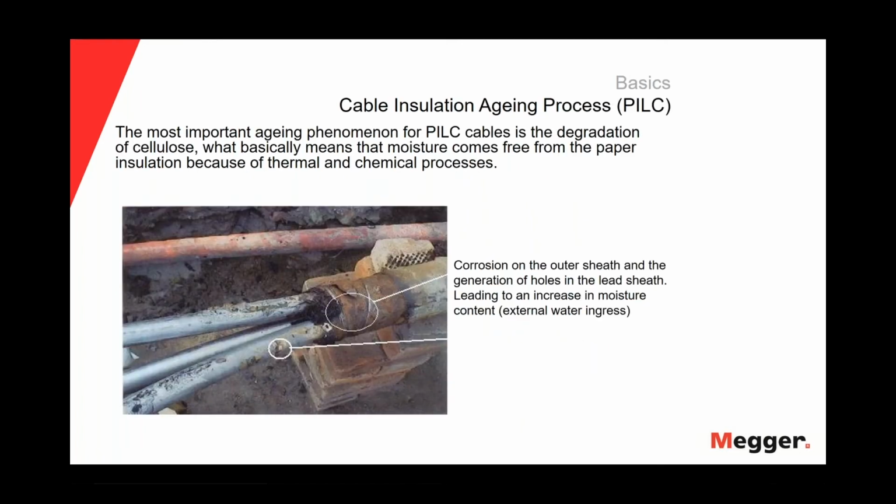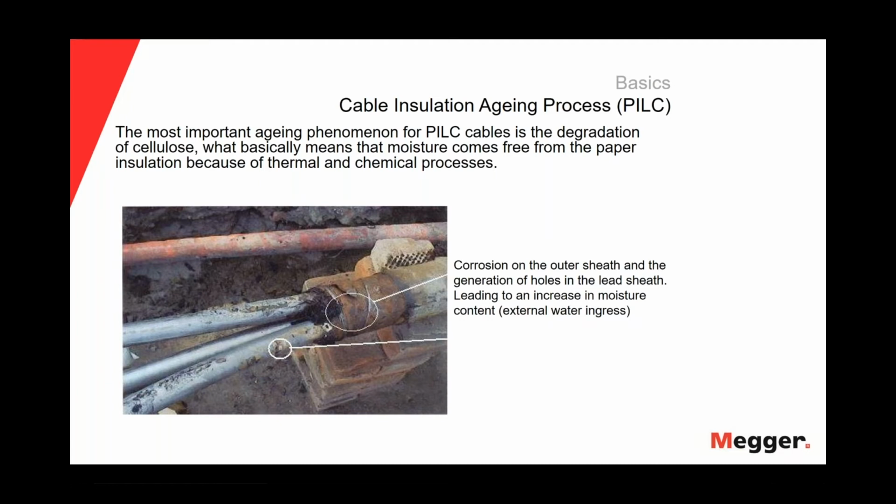So, regarding the cable insulation aging process for paper impregnated PILC cables, the most important aging phenomenon for PILC cables is the degradation of the cellulose. What basically means that the moisture comes free from the paper insulation because of thermal or chemical processes.